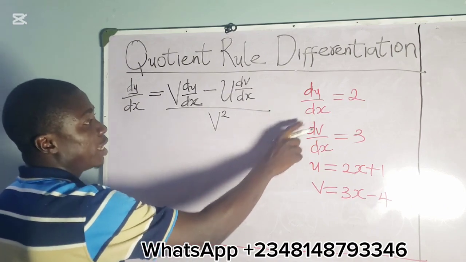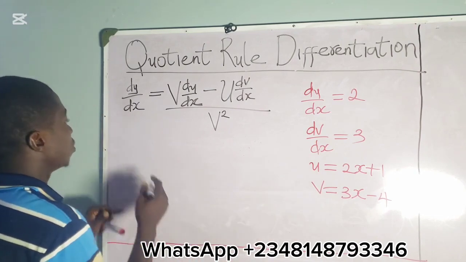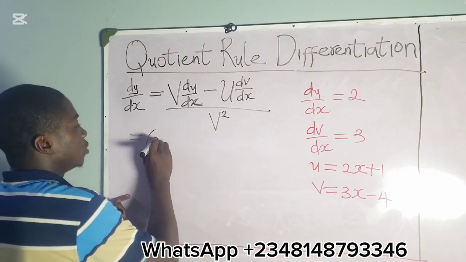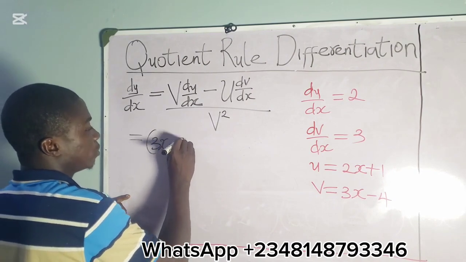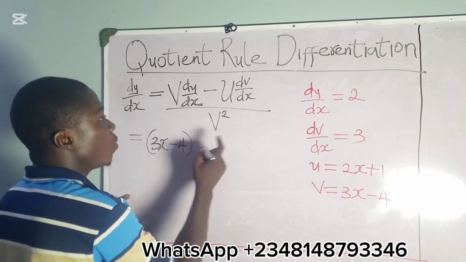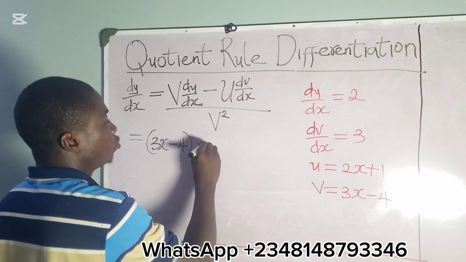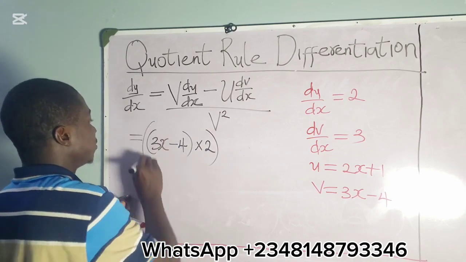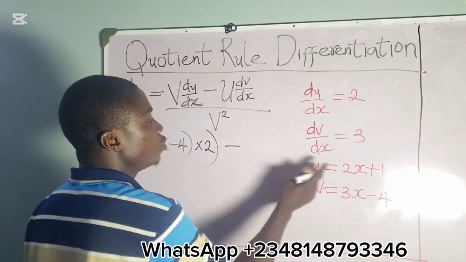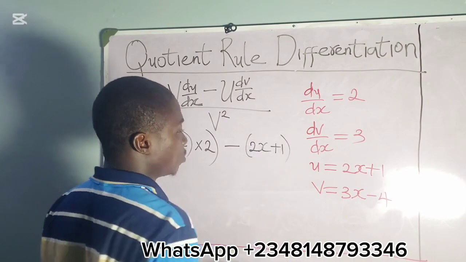We have du/dx, we have dv/dx, we have u, and we also have v. So now let's substitute. dy over dx is equal to, what's our v? 3x - 4. v is multiplying du/dx. So what's du/dx? du/dx is equal to 2. So multiply by 2. Put bracket again. Minus, what is u? u is 2x + 1. That's our u.